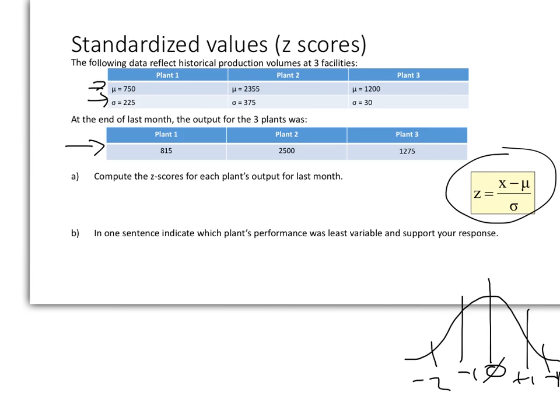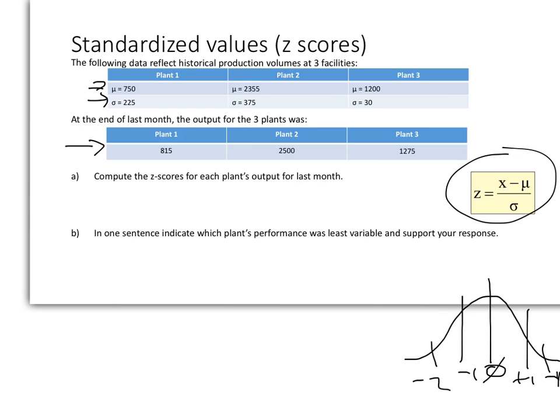And this should bring to mind the empirical rule, right, where we said about 67% is between plus and minus 1 standard deviation, 95% between plus and minus 2 standard deviations, and then almost all data is going to be within 3 standard deviations. Okay, so that's just some background about the z-scores.